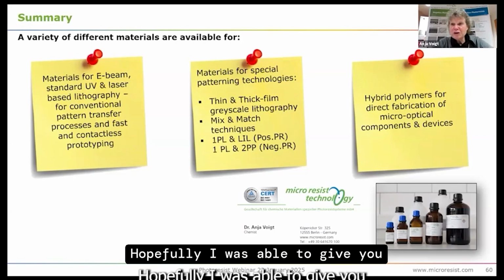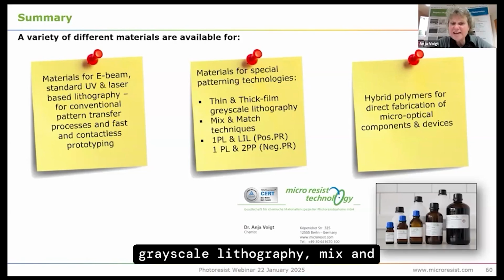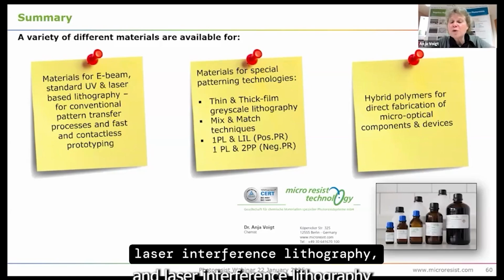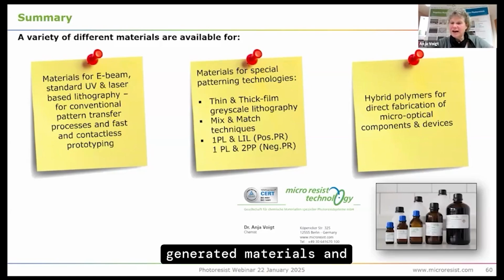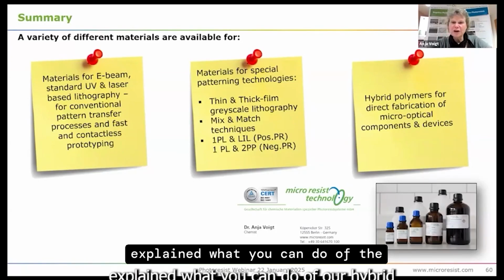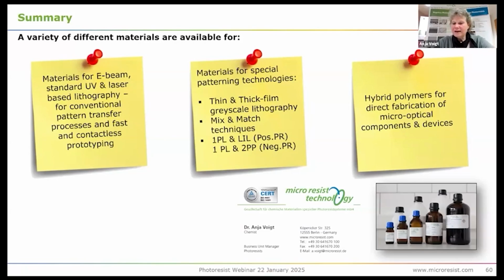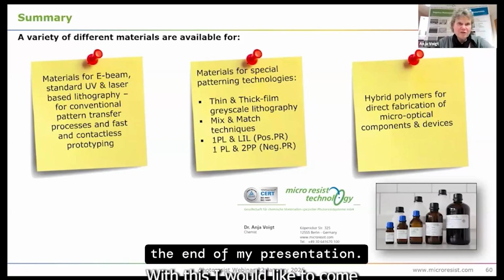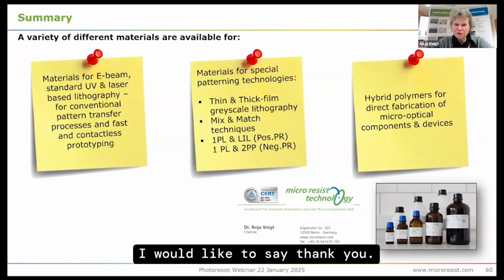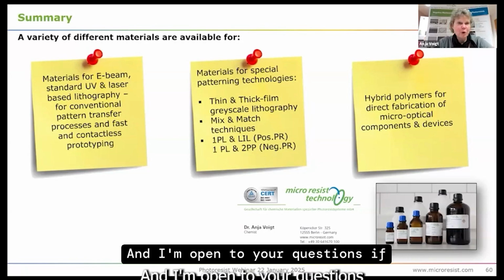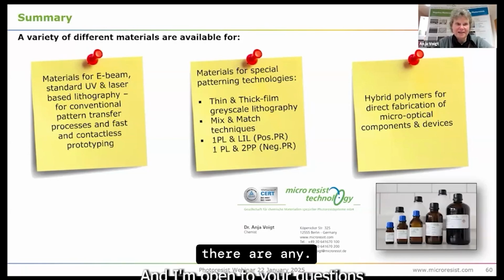Hopefully, I gave you some examples for thin and thick film, grayscale lithography, mix and match techniques, two-photon and laser interference lithography, and I only briefly explained what you can do with our hybrid polymers. I would like to say thank you, and I'm open to your questions if there are any.